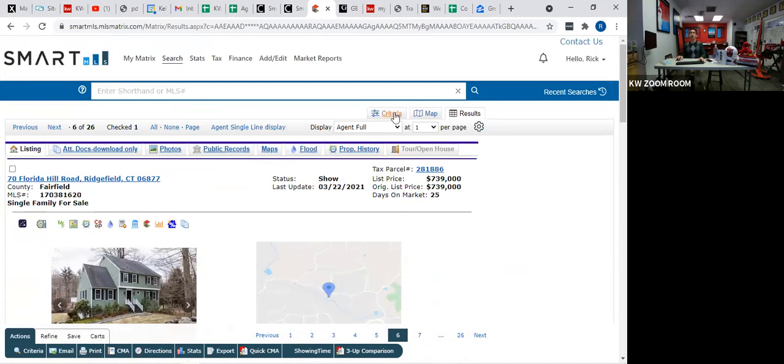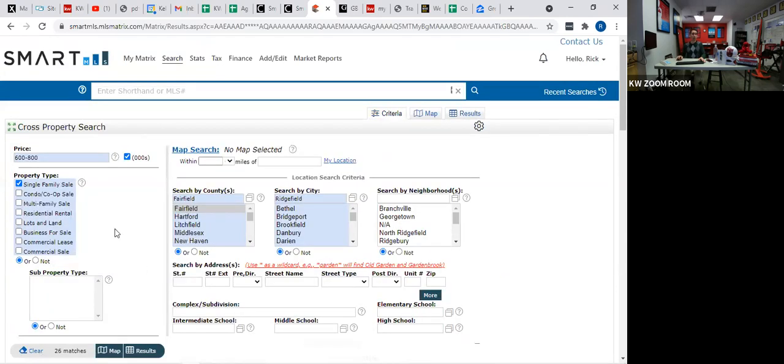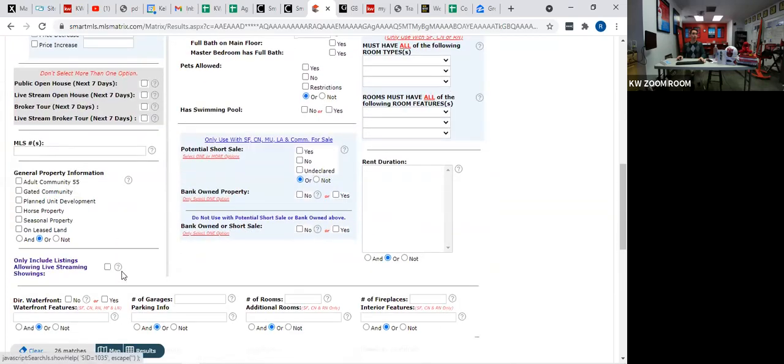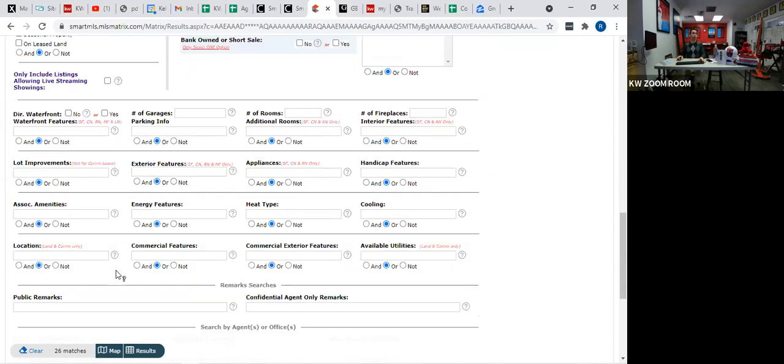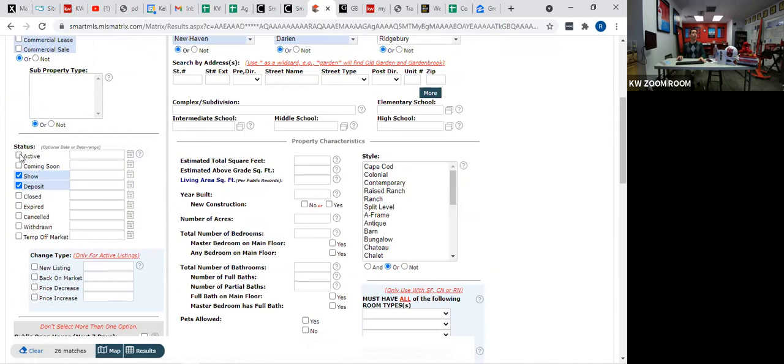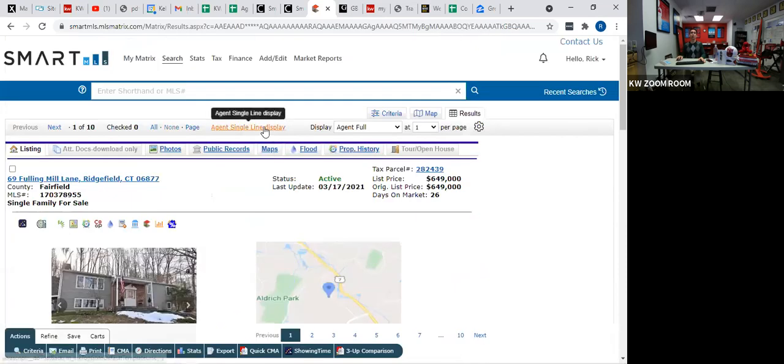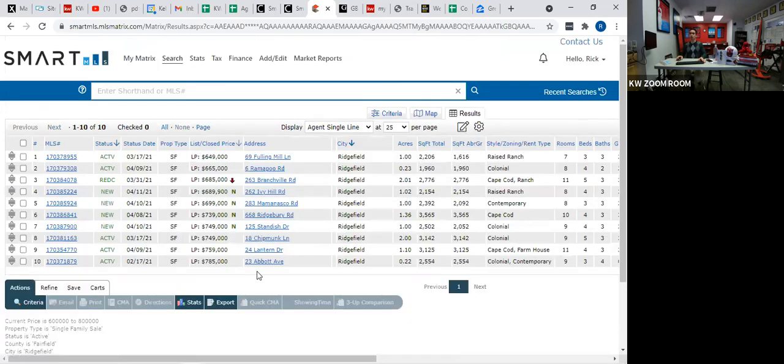And then go back to your actives. Where am I? There we go. Your actives. You've got 10 active on the market in this particular price range, right? 1, 2, 3, 4 of them are new to the market.